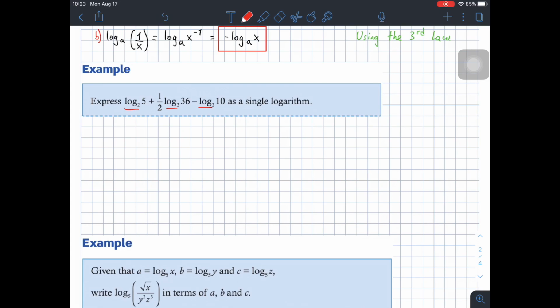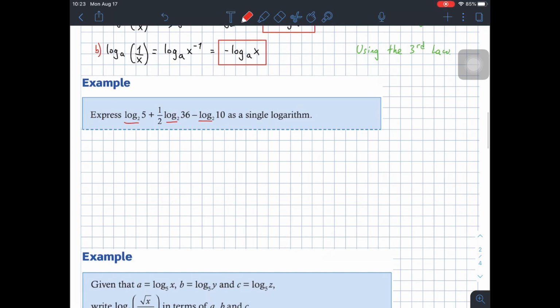I'm going to take this as an exponent inside the argument. And that'll be it for the first step. So I'm going to write this as log base 2 of 5 plus log base 2 of 36 to the power of 1/2, right? And this is minus logarithm base 2 of 10, okay?